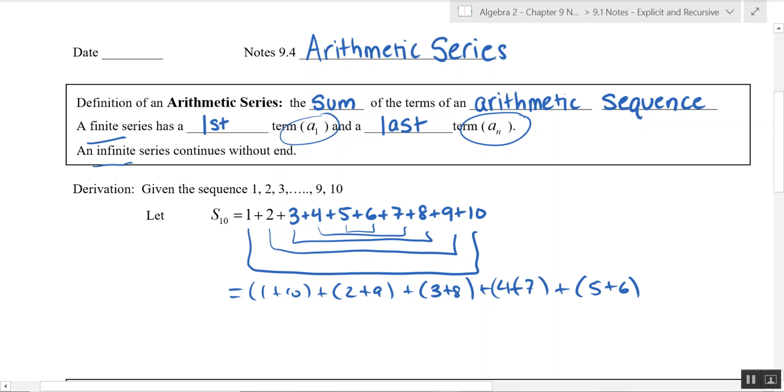And each one of those pairs adds up to be 11, so there are 11 plus 11 plus 11, and there are 5 of them. And so we can say this is 5 times 11, or 55.